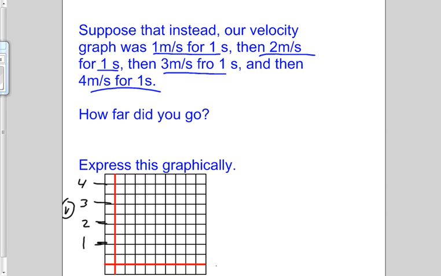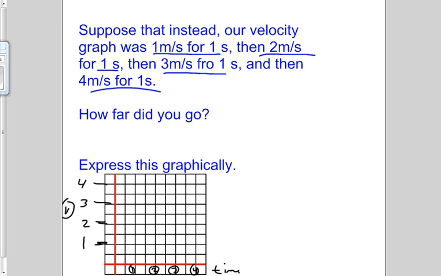And down here is our time. Let's have each of these be a second: 1 second, 2 seconds, 3 seconds, 4 seconds.